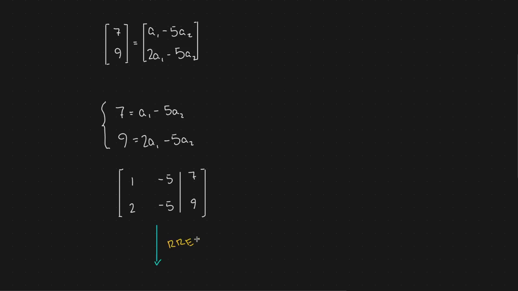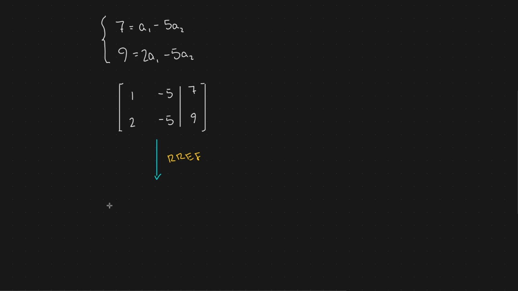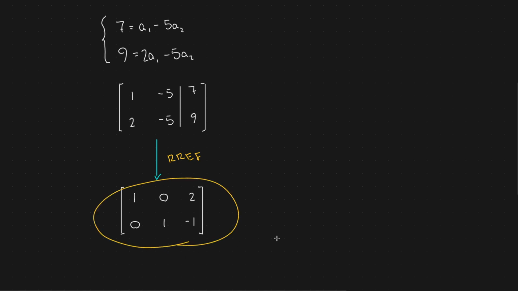I should note that this is the matrix that the computer gave us. There's no mechanism to tell it which part is augmented and which part's not. So you just have to remember that that last column is the augmented part of the matrix.